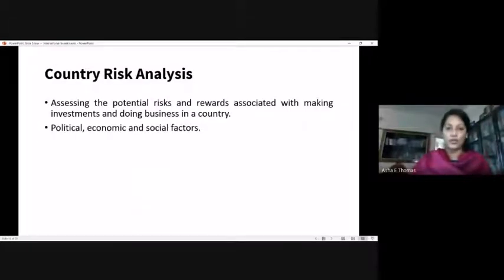Now, the last part of today's discussion is with respect to country risk analysis. I said when I was discussing foreign institutional or foreign portfolio investments, or foreign institutional investors, we introduced the word hot money. Right. Why?